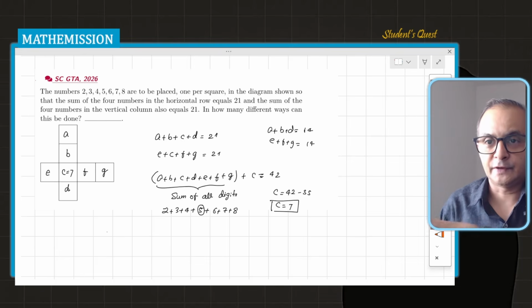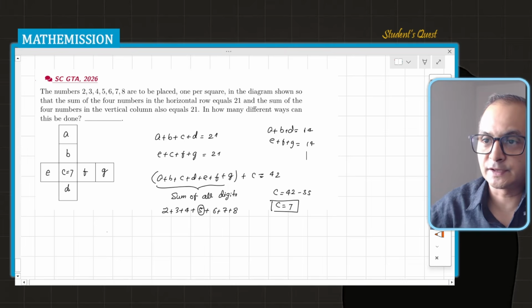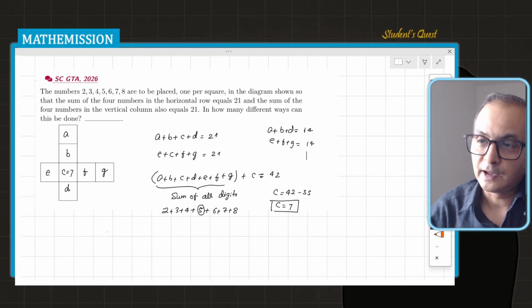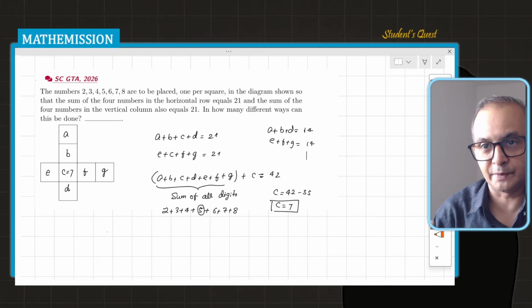So you have to identify how we can make these two different sets, because we can't repeat the numbers in any of them. The first set represents ABD and the second set represents EFG, but the sum should be 14 for each. And we can also swap them.